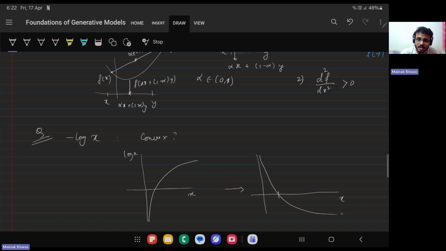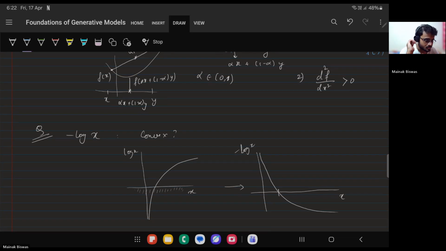As x goes towards 0, it will go to positive infinity. So you can already see this function is actually facing upwards, right? When you take a negative of a function, you flip it over the x-axis, because for all values where the function was positive, it becomes negative.